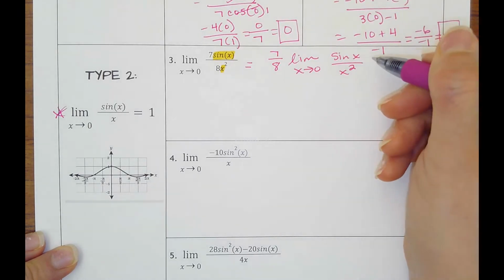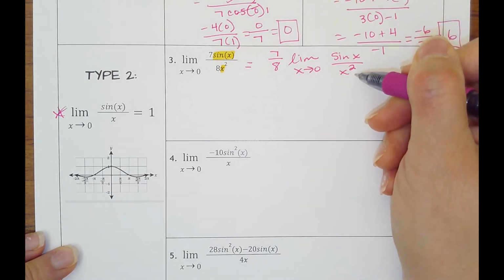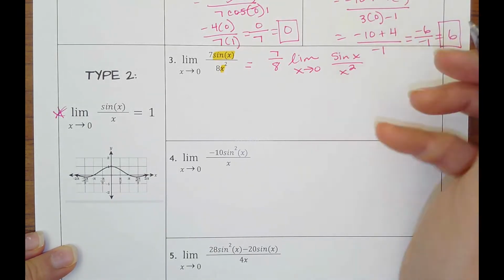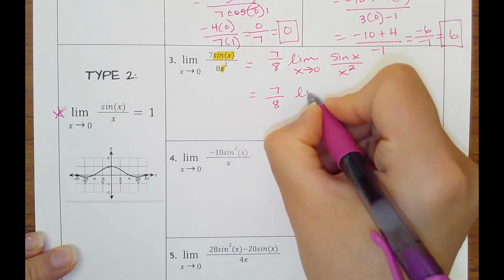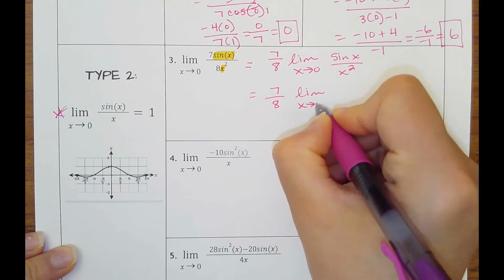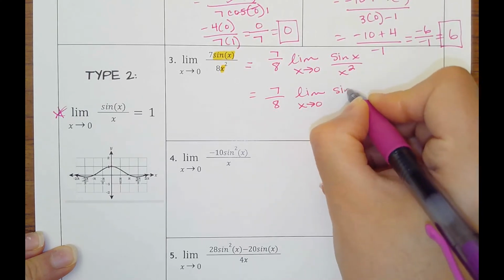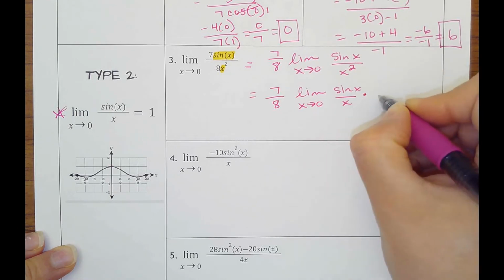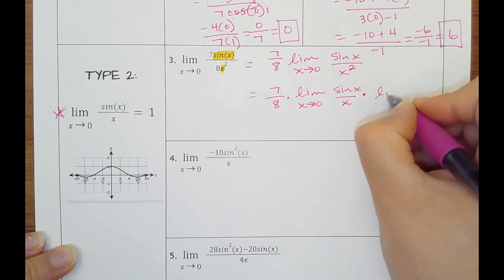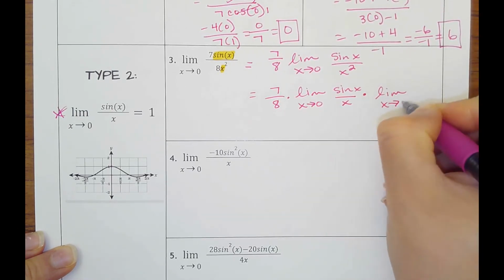Then I can split this limit into 2 limits: 7/8 times the limit as x approaches 0 of sine of x over x, times the limit as x approaches 0.